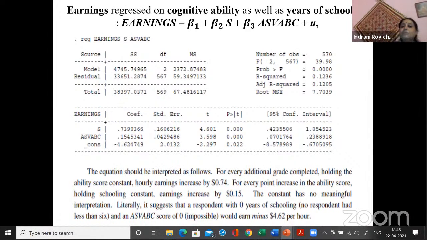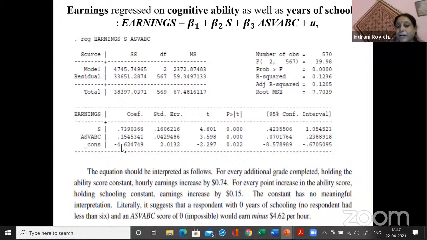Okay, so you are moving from the bivariate analysis to a multivariate analysis, because earning is now explained by two explanatory variables. So you have more than one explanatory variable, which means you are in the framework of multivariate analysis. So the coefficients, you have three coefficients.